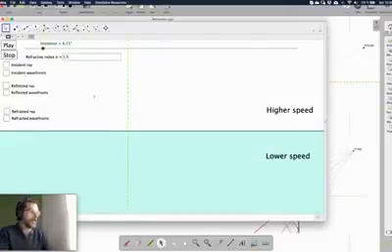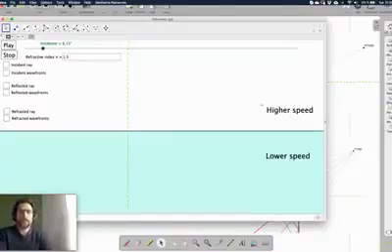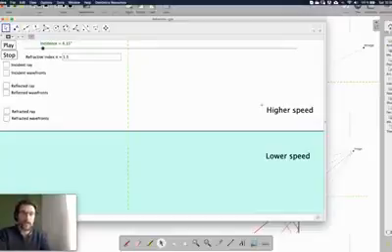And on the upper side of the diagram, we have a medium through which the wave will be traveling at a higher speed. It can be considered as air, because that's the case between water and air. Light travels at a slower speed through water than the speed at which it travels through air. And the same goes for the glass-air interface.